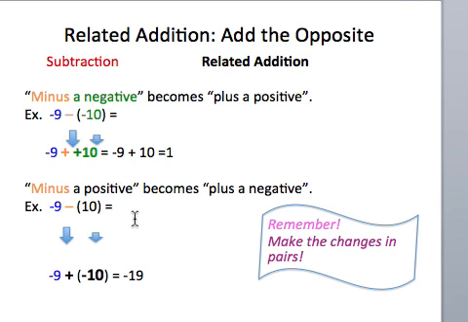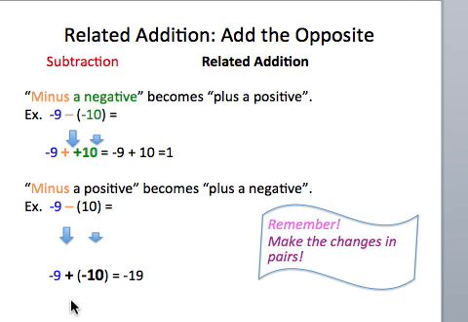You can also have problems where you're subtracting a positive number. If you have some number minus a positive, like -9 minus +10, then the subtraction again changes to addition, and +10 changes to -10. So you add a negative. So minus a positive becomes adding a negative. And -9 plus -10 is -19.